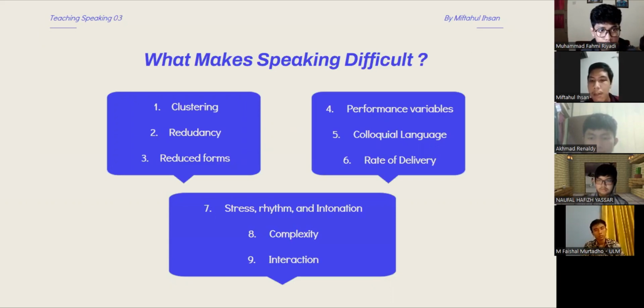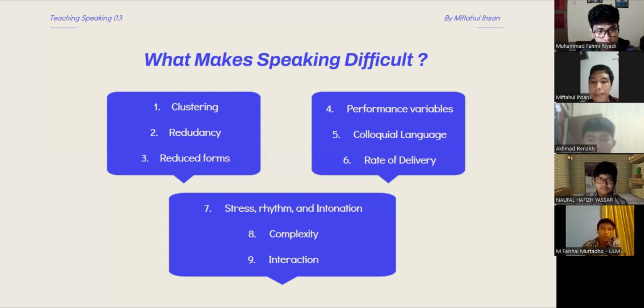This is the most important characteristic of English pronunciation, as will be explained below. The stress-timed rhythm of spoken English and its intonation patterns convey important messages. The eighth, complexity. The complexity of grammar and discourse structure is an obvious source of difficulty, but this complexity can also be a feature that teachers should consider.